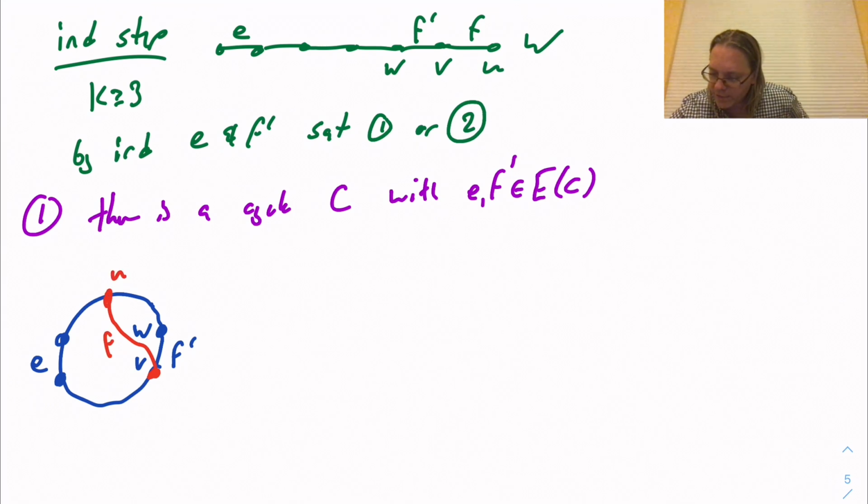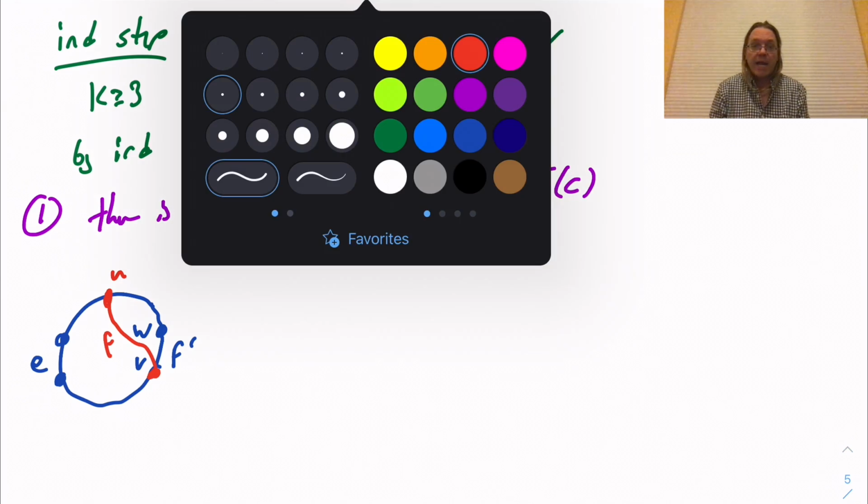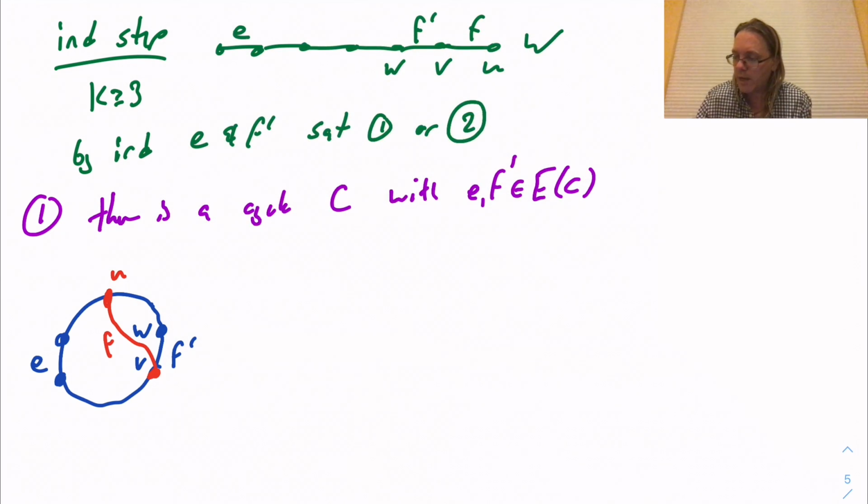If you draw your edge F like this, your graph is going to have a cycle that contains E and F. Here you just throw out the upper right portion of that blue cycle and you shortcut along the edge F, and that gives you a cycle.